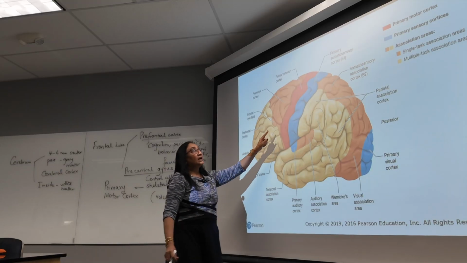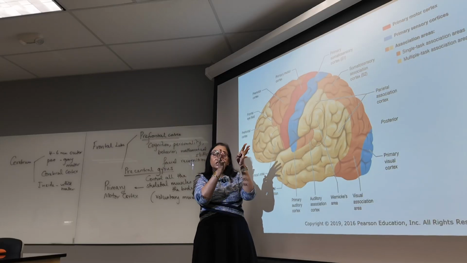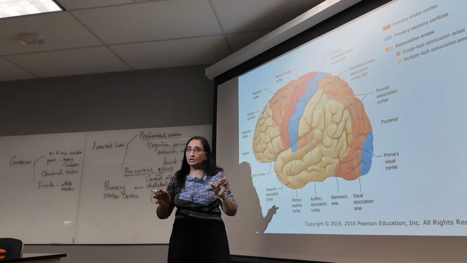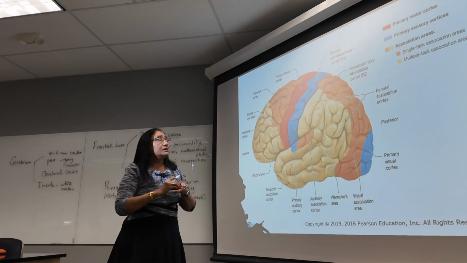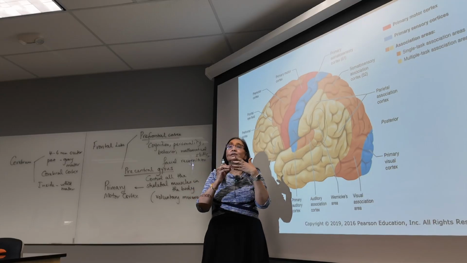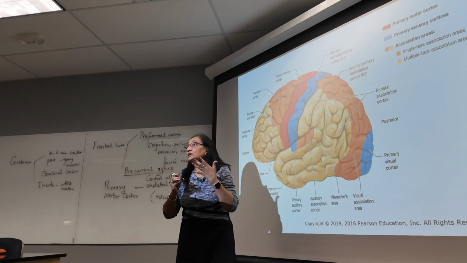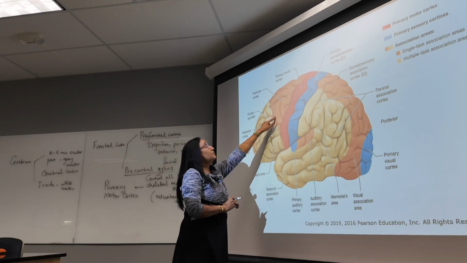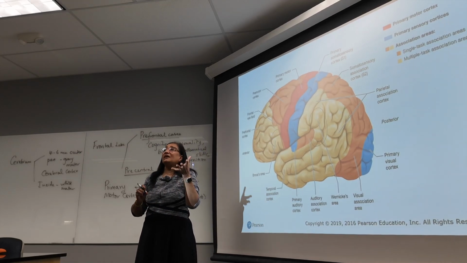The neurons in front of the primary motor cortex help in planning the movement, analyzing what needs to be done. That is called the motor association area.